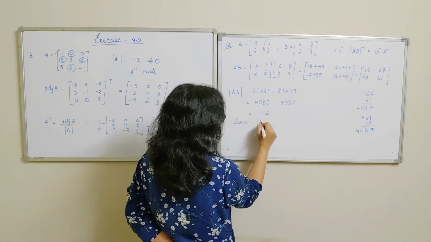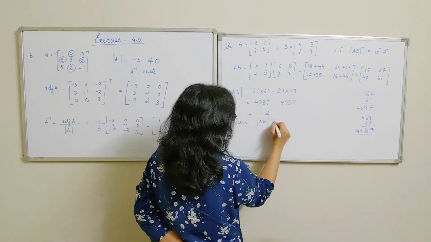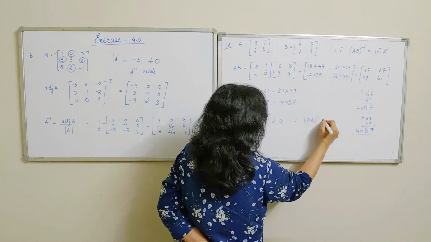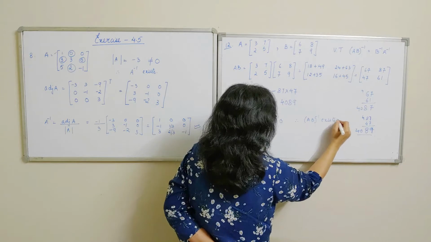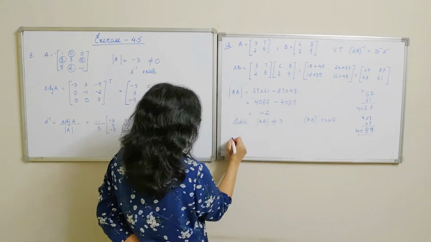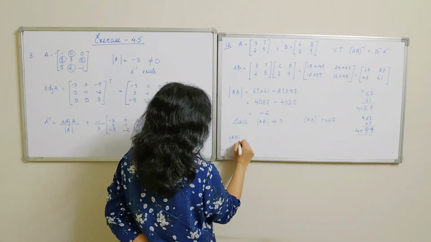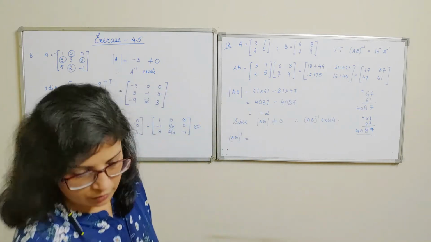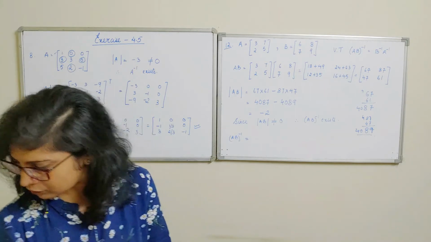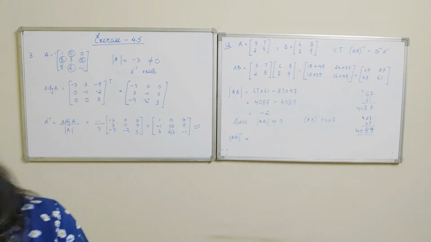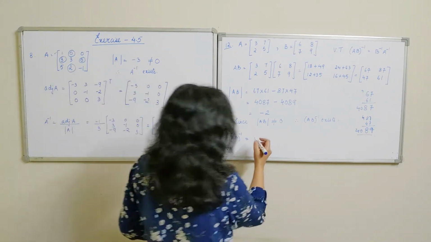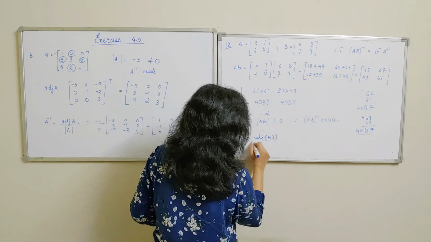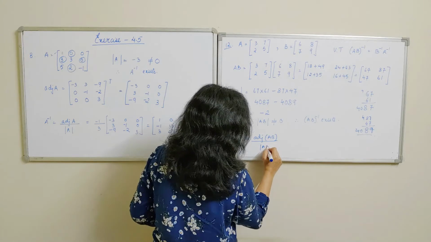Now since the determinant is not 0, therefore this inverse exists. Alright, and AB inverse would be equal to the adjoint of AB divided by its determinant.